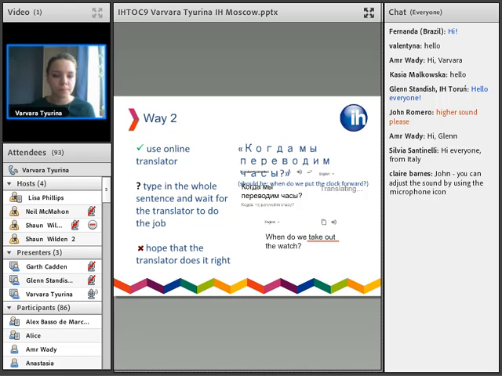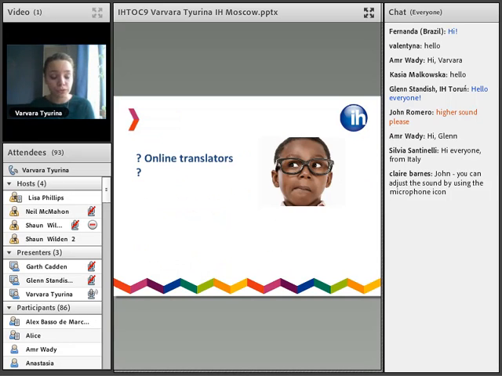But the statistics show that online translators still fail on translating text and sentences. And pretty often you get a translation that doesn't make sense, or at least doesn't give you the meaning that you're looking for.